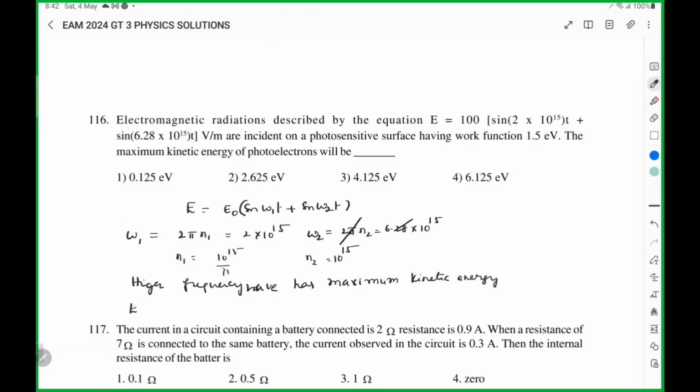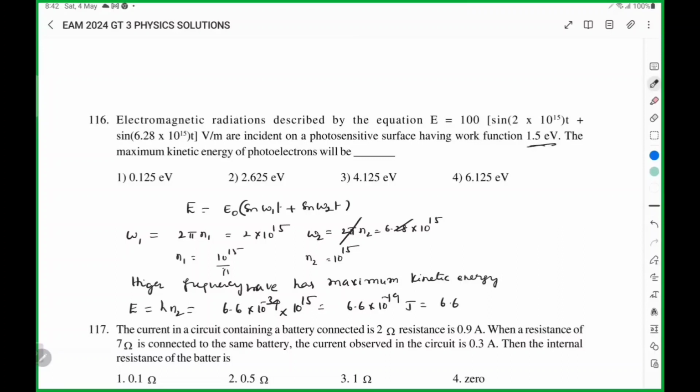So E is equal to h nu 2, h n2. The h value is 6.6 into 10 power minus 34. And that frequency is 10 power 15, which in turn gives 10 power minus 19 joules.